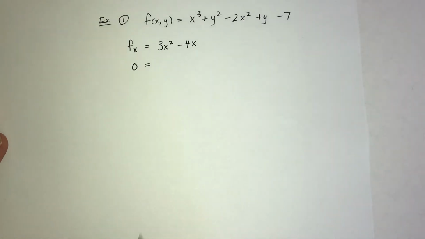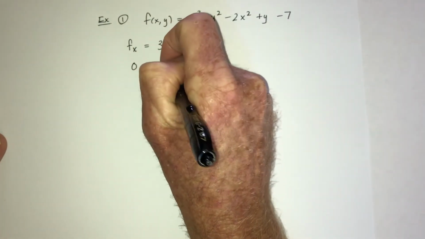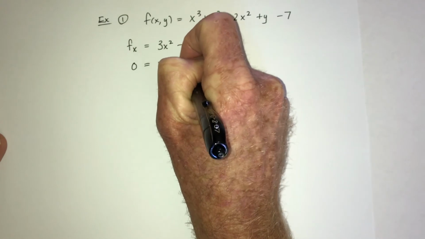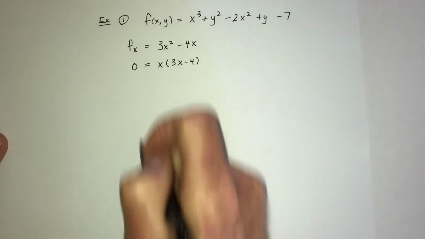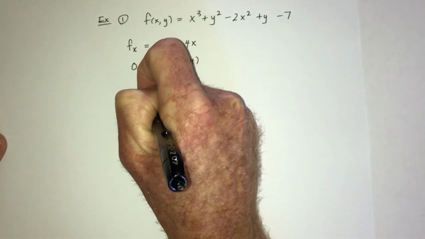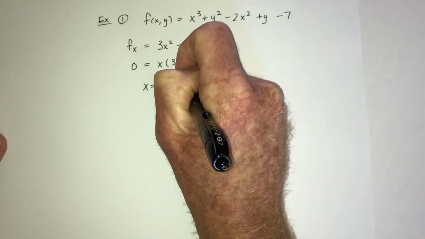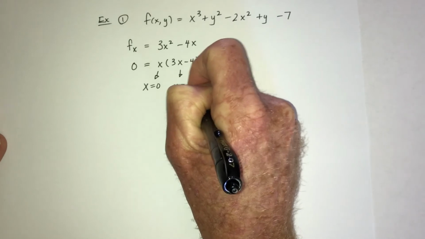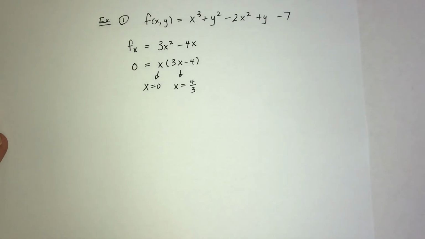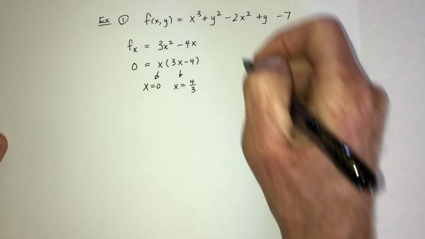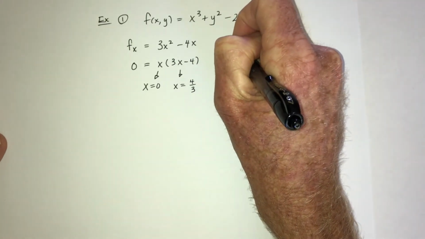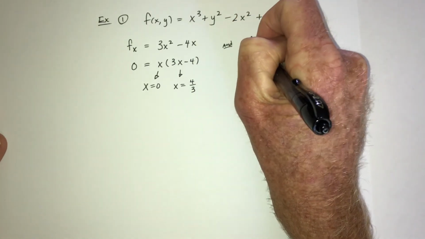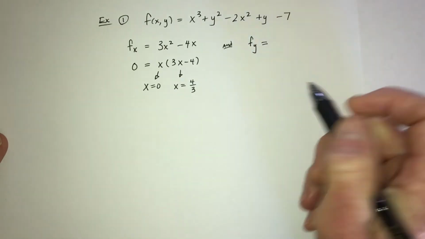On the right side, I could actually factor out an x. So that would leave 3x minus 4. And then set this one equal to 0, you'll get x equals 0. Set this one equal to 0, you'll get x equals 4/3. Okay. Also, take the derivative with respect to y.